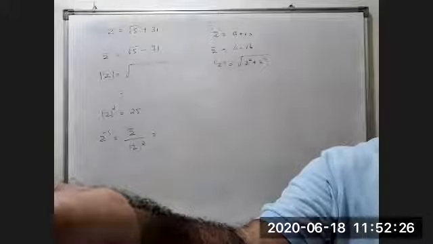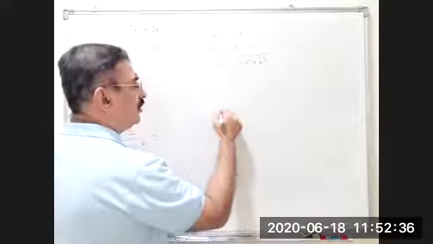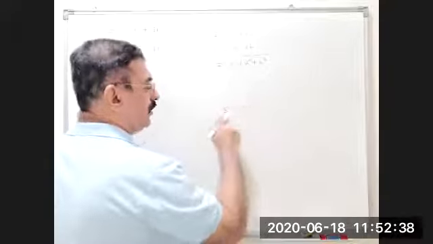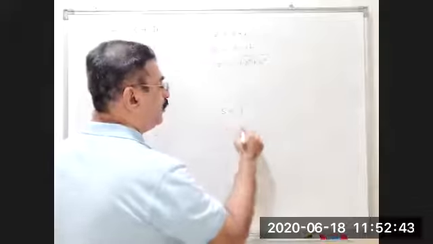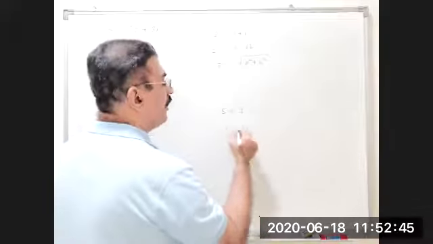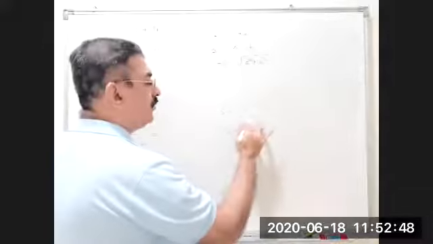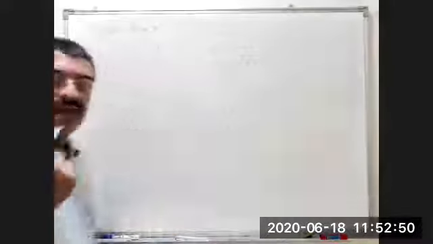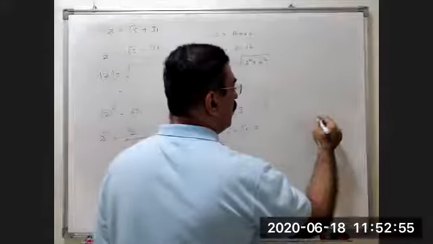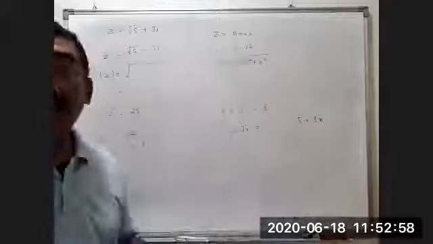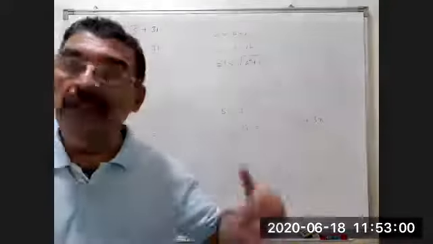Another doubt: can we add 5 plus 3i? Okay, can we add this? Simple thing. 5 plus 3 we can add, it is 8. But 5 plus 3i can it be added? Use normal algebraic expressions. Can we add 5 plus 3x? Is it 8x?